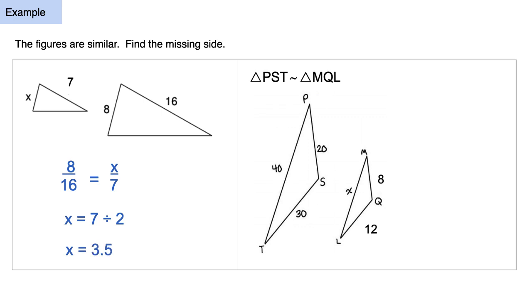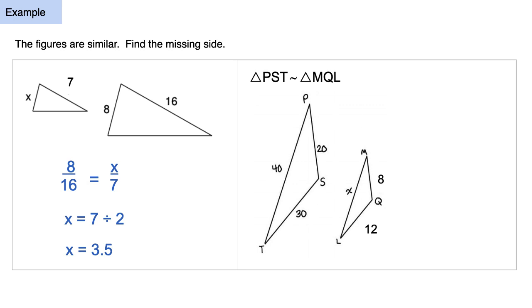Now let's take a look at the next example. It says triangle PST, so that larger triangle PST is similar to triangle MQL. And once again, when I'm solving for x, I see that x corresponds to the side that's marked as 40.